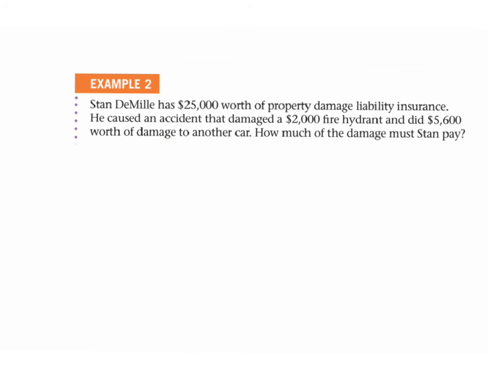Here's example 2. Stan DeMille has $25,000 worth of property damage liability insurance. He caused an accident that damaged a $2,000 fire hydrant and did $5,600 worth of damage to another car. How much of the damage must Stan pay for? Well, we have a $2,000 fire hydrant and $5,600 damage to another car.